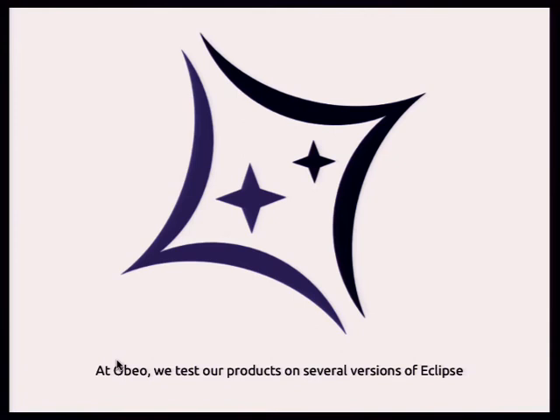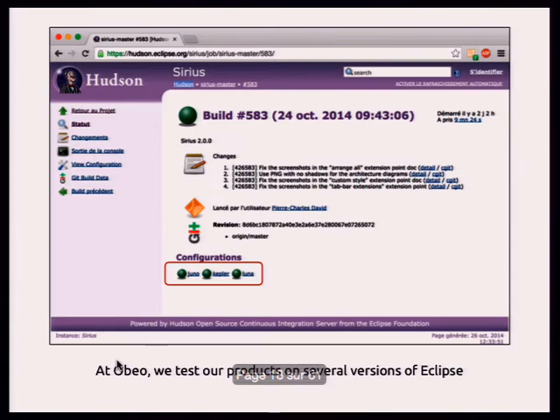At OBO, we are using target platforms in a very heavy way because we want to test our product on several versions of Eclipse. So we have to define several target platform definitions for Kepler, for Luna, for Mars, the upcoming Mars, but even maybe some other one. For instance, on Sirius, each time we build Sirius, we build it and test it against 3 target platforms.